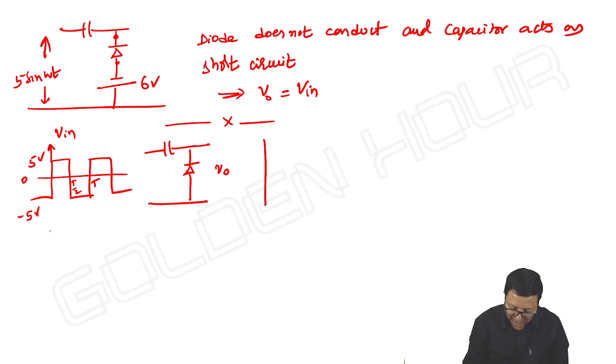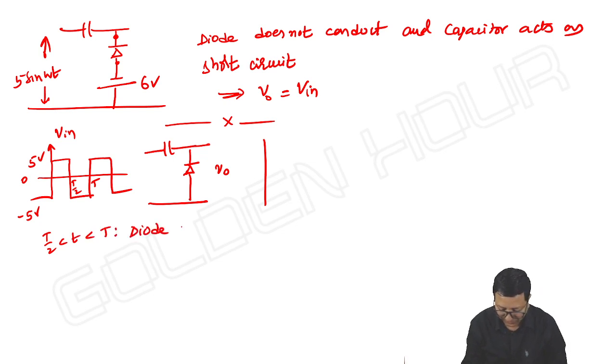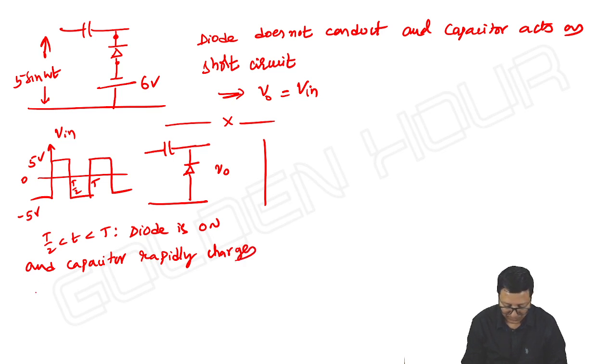So I can write here T/2 less than t less than capital T, diode is on and capacitor rapidly charges towards -5 volt.